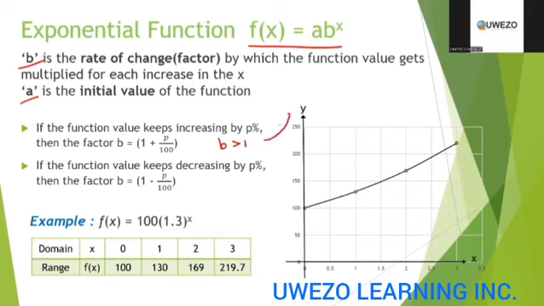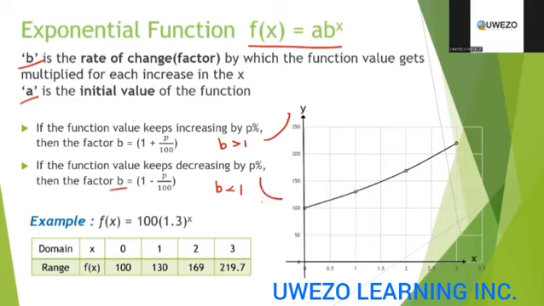If the function value keeps decreasing by some p percentage, then the factor b would be equal to 1 minus p over 100, and we get a b value which is less than 1, and the graph would be a decay graph.